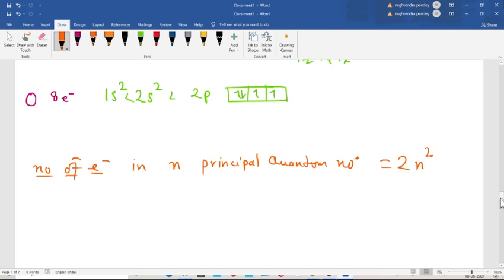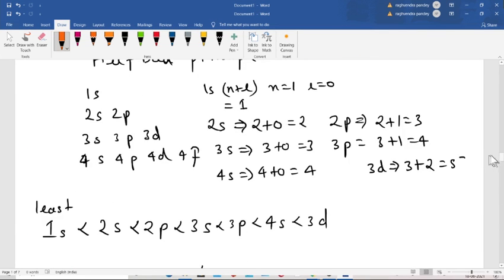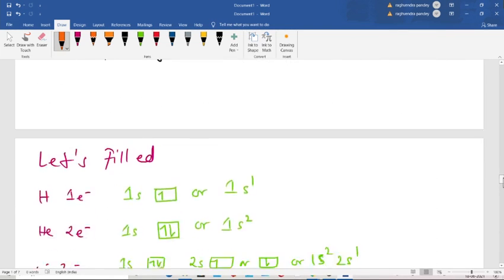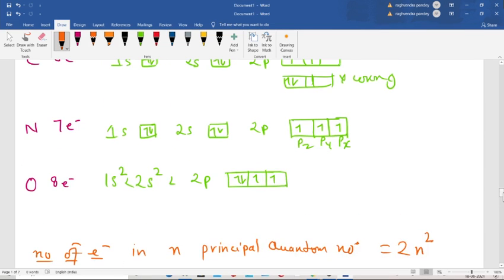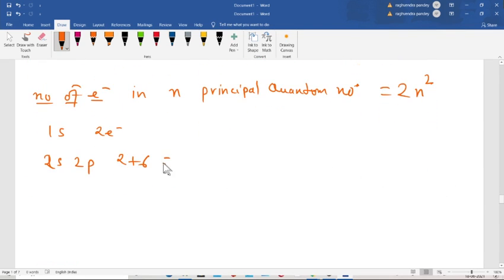Each orbital can have 2 electrons. First is 1s, so the number of electrons is 2. Then for n equal to 2 there are 2s and 2p. So 2 plus 6, because p has 3 orbitals, each orbital can have 2 electrons, so total 6 electrons. In oxygen it is 4 only, but the maximum we can fill is 6.